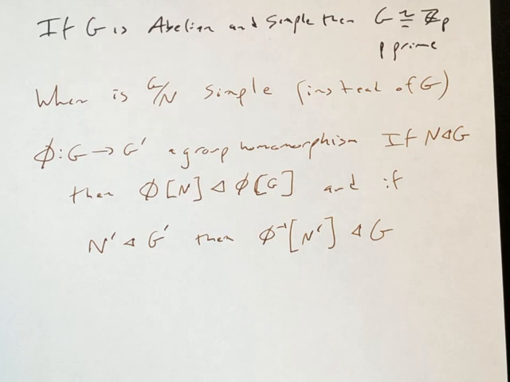So to answer that question up there, when is G mod N simple, I need to think about dividing. If I want to make sure that I end up with a prime, I need to divide by everything else that's other factors, right?